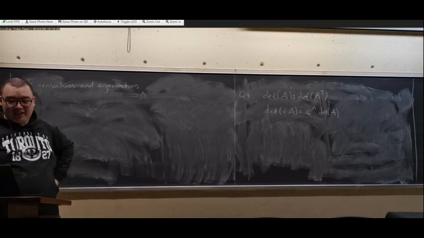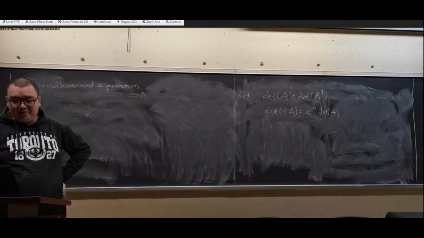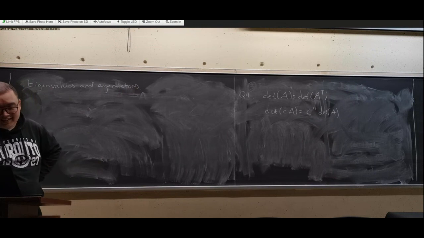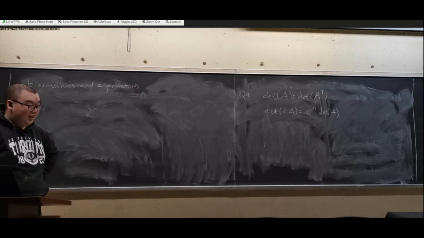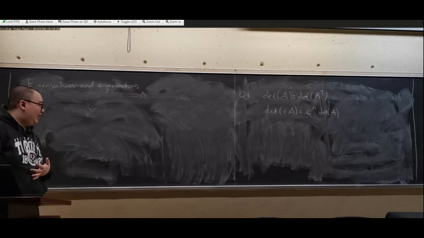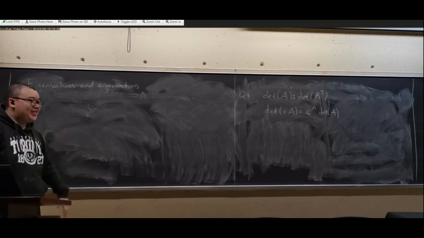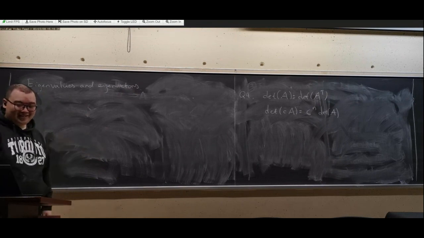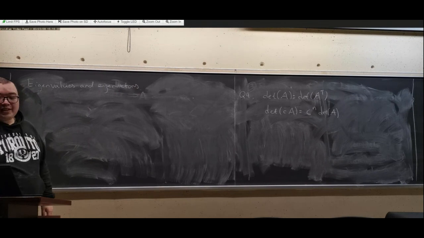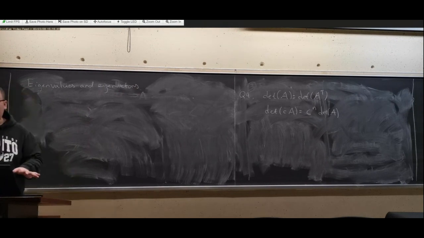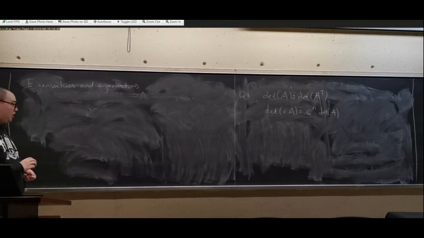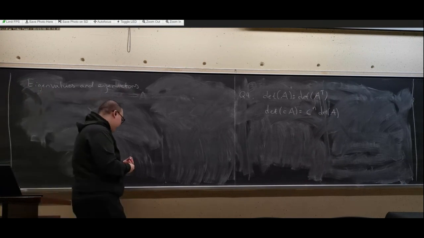Although how to calculate them, Kaidi already did talk about it. It's pretty much nothing. You just subtract lambda I, and then you do stuff with it. So why is it important to talk about eigenvalues? Why is it important to talk about eigenvectors, right?